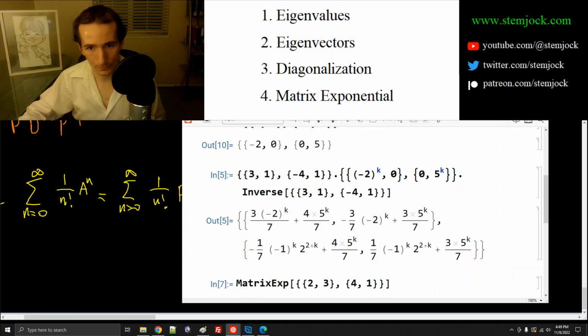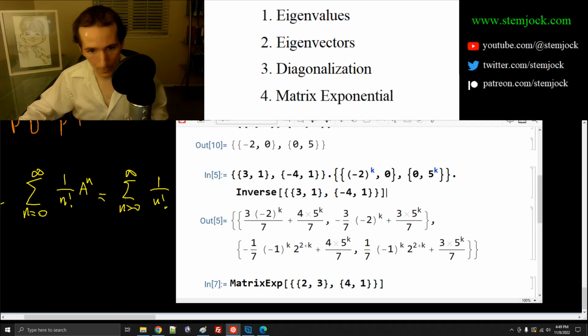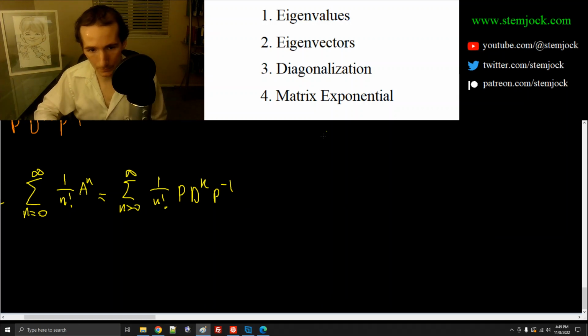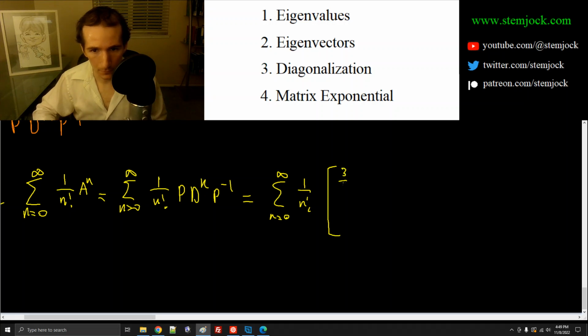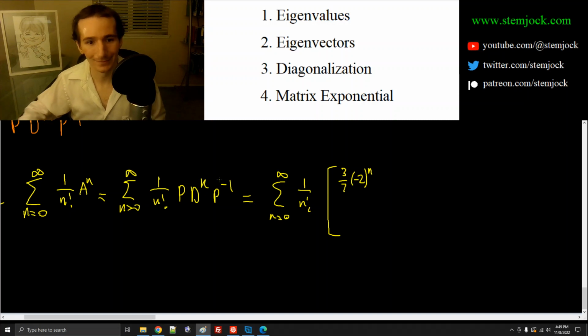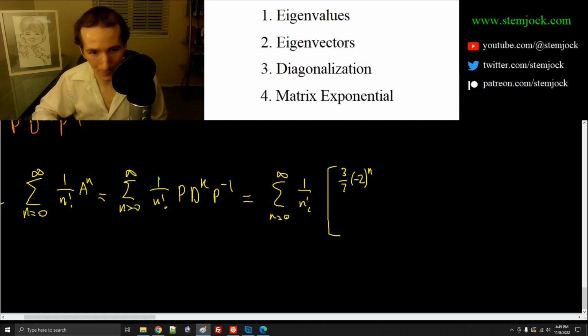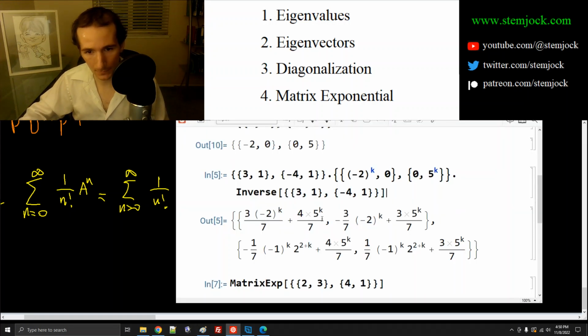So I'm going to write this out. So let's see, in the first entry on the top left, we have 3/7 negative 2 to the power of n, because, oh, yeah, I'm using n here. And plus 4/7 times 5 to the power of n.